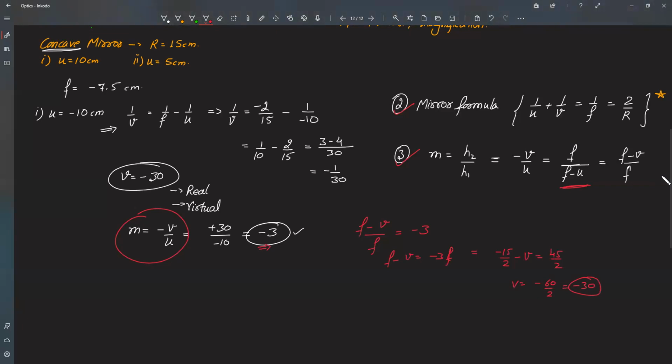Okay, similarly, you can solve the second one. Try to solve the second one and see if there is any difference in the nature of the image. It should be virtual, because it is between pole and focus. Yes, exactly.